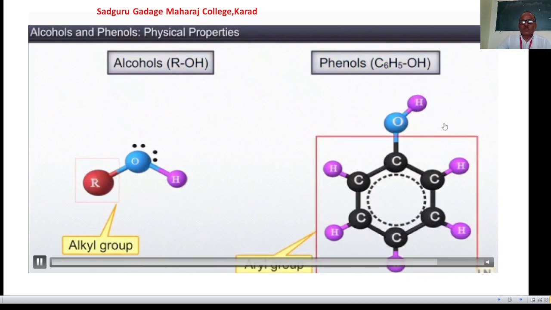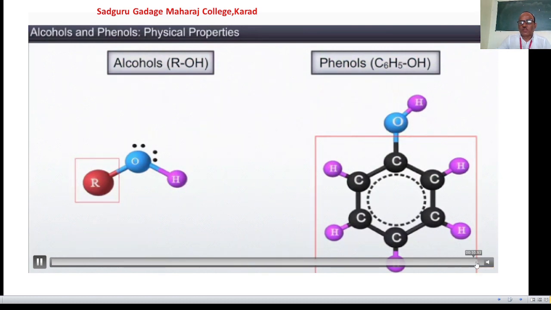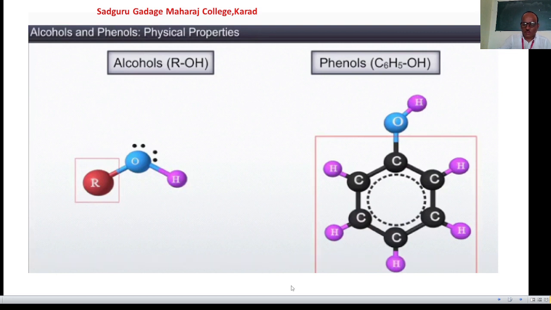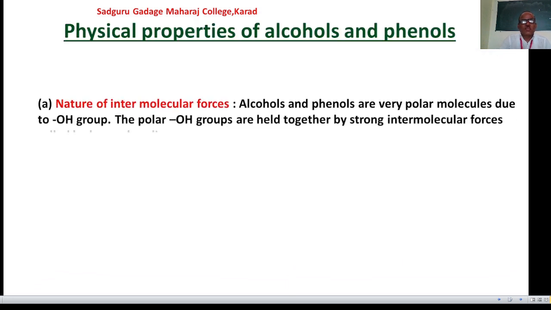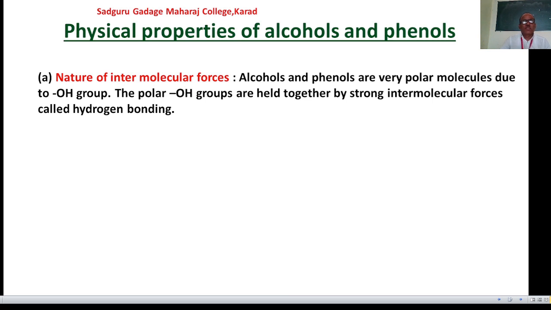Due to this OH group present in alcohols as well as in phenols, they show different physical properties, and these properties we have to study. The first property is the nature of intermolecular forces.